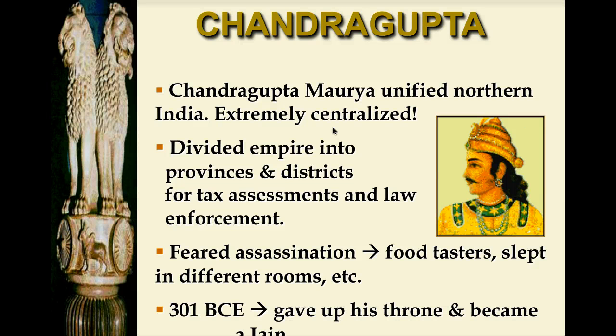In 301, he gives up his throne and becomes a Jain. I really want to highlight this idea of Jainism. Put a big star around it. It's mostly found in South Asia, and its focus is nonviolence. So what's funny is that Chandragupta gets really, really big into Jainism, and his focus is nonviolence.